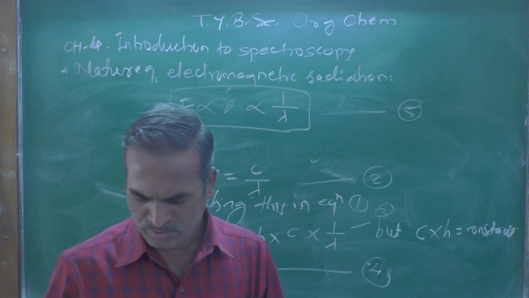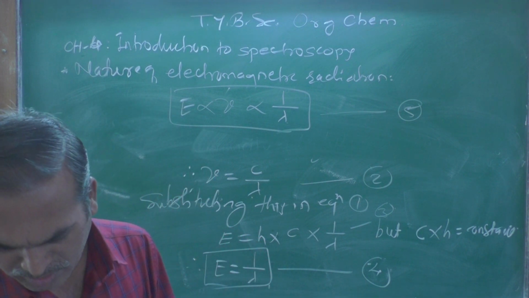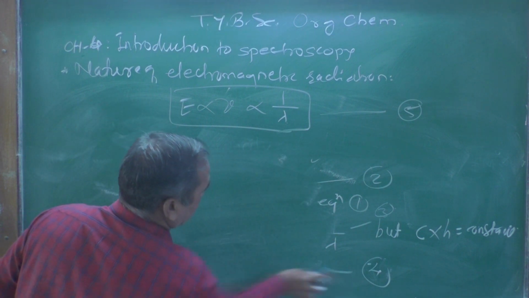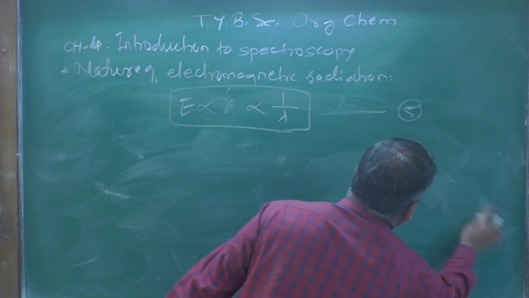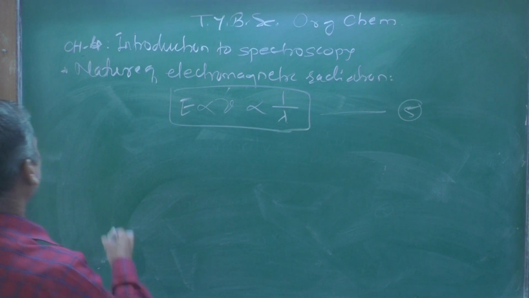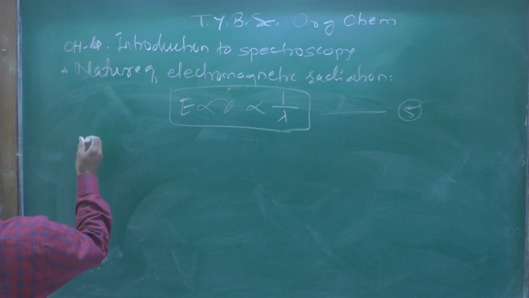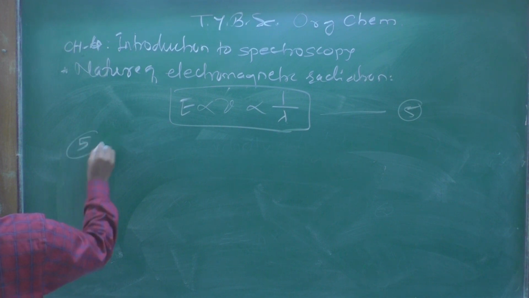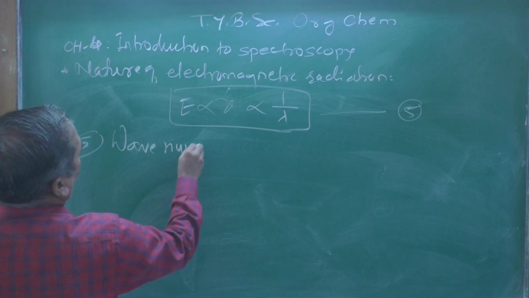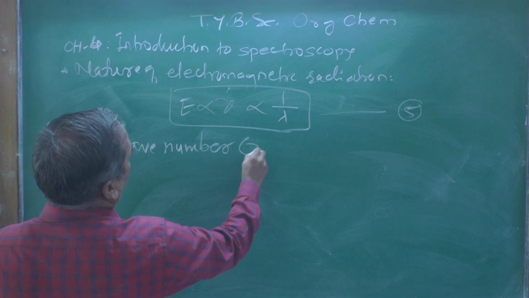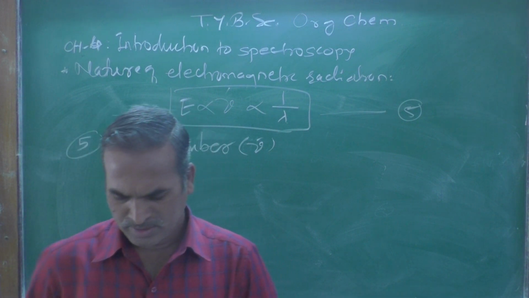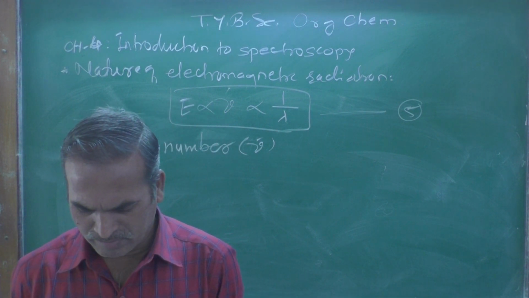And now let us see the wave number. The fifth parameter we are studying is the wave number, which is denoted by mu bar. That is the symbol of wave number.